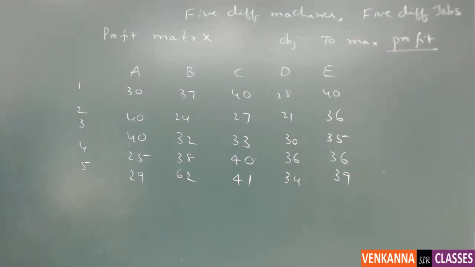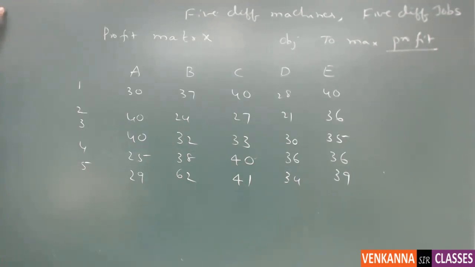So in this, our objective is nothing but to maximize profit. Earlier, whatever matrix you have written, the values in the matrix are nothing but distances, cost values, or amount of expenditure as specified per the problem.